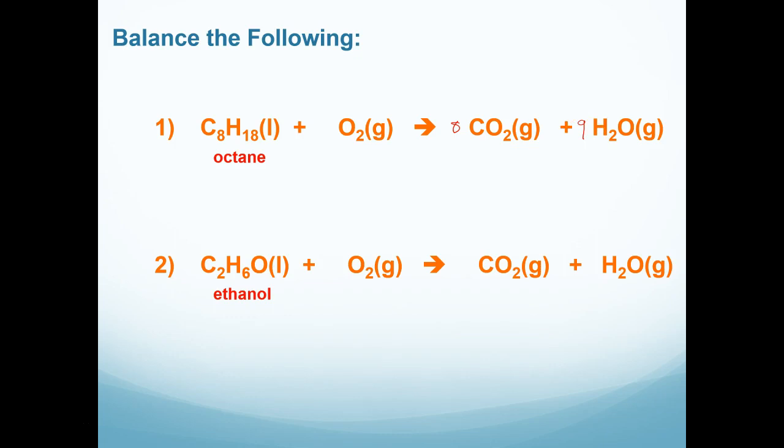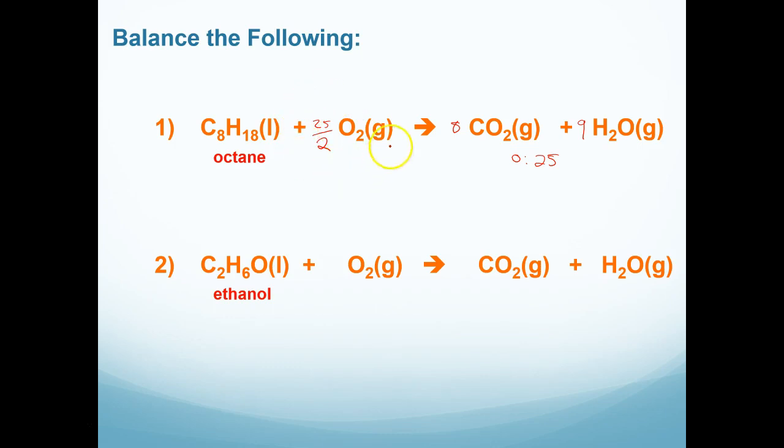Now, what I want to do is total up the number of oxygen I have only on my product side. For oxygen, if I count the 16 here, and then I have 9 here, I have 25 total. So now I'm going back to my reactant side and saying all of my oxygen has to come from here. I have none here, so since this is an odd number, I'm going to initially say I have 25 over 2. Okay, so this only works because I have no oxygen here.